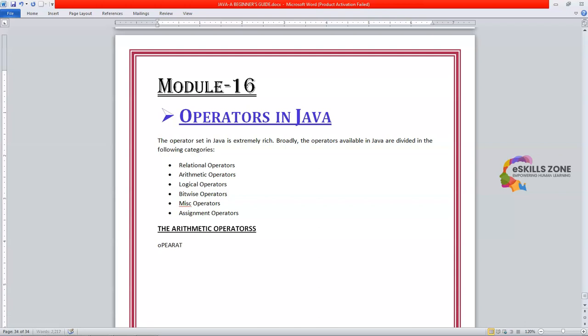Arithmetic operations in Java are used in essentially the same manner as in algebra.